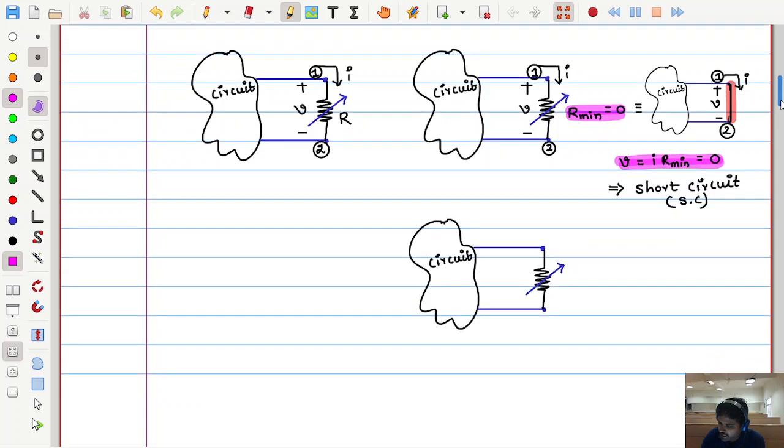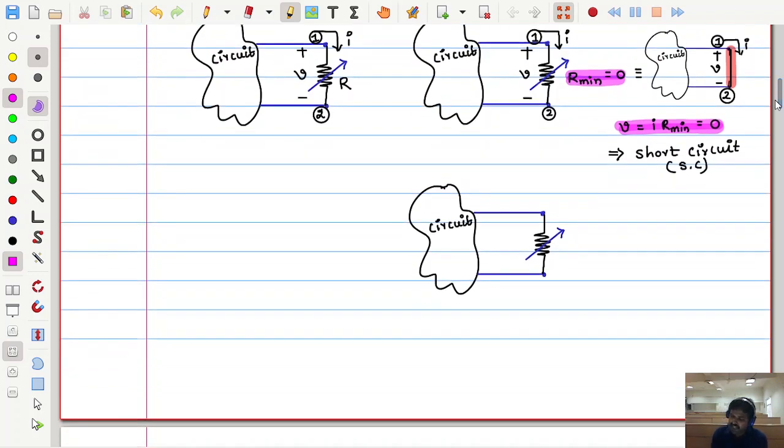Next, let us make the resistance the maximum value. How much is the maximum? It is infinite. The highest possible value I can set here is infinite. So R max is infinite. Now tell me, what is the property of resistance?